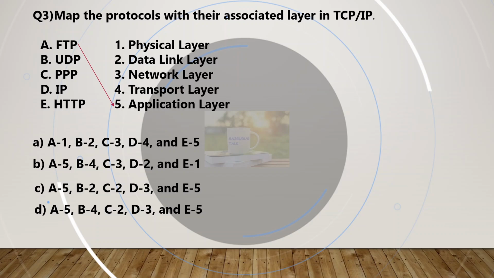User Datagram Protocol operates in the transport layer, Internet Protocol in the network layer, and Point-to-Point Protocol in the data link layer. So, FTP application layer, UDP transport layer, Point-to-Point Protocol data link layer, Internet Protocol network layer and HTTP again application layer. So, the answer is D.